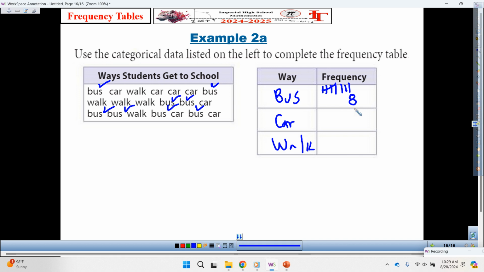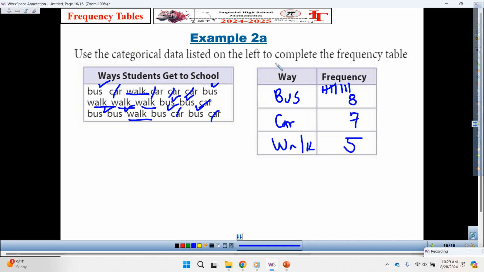How many total frequency? 8. Some of us want to go a little bit faster to see 1, 2, 3, 4, 5, 6, 7 by car. And walk. 1, 2, 3, 4, 5. That's how you fill out a one-way frequency table.